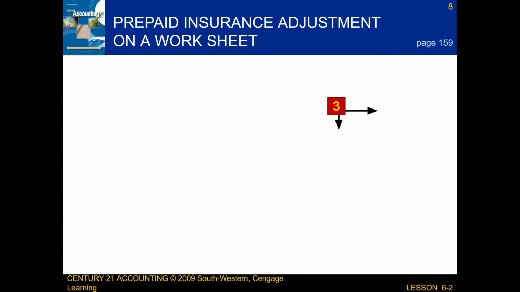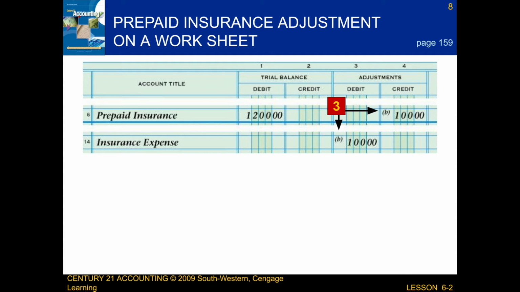Next we're going to be talking about the prepaid insurance adjustment on a worksheet. To calculate the prepaid insurance adjustment, we take the prepaid insurance balance and subtract it from the insurance coverage remaining that's unused, and that will give us the insurance coverage used during that time period.